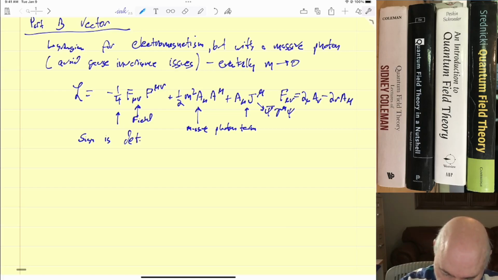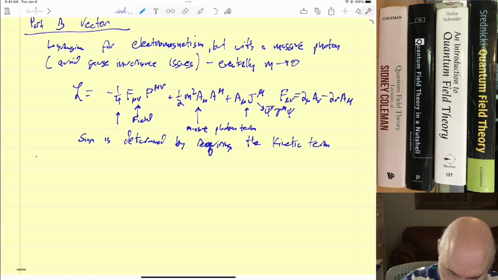The sign is determined by requiring the kinetic term coefficient, the partial of 0 of A_i squared, to be positive.